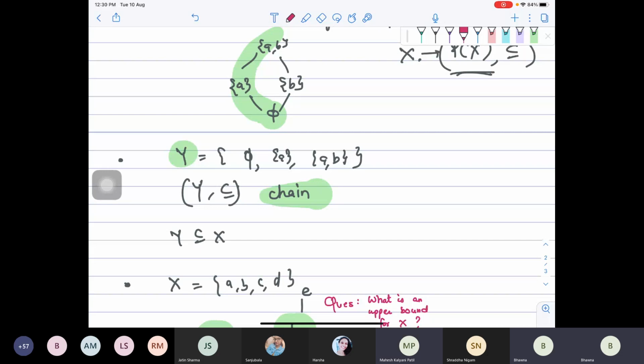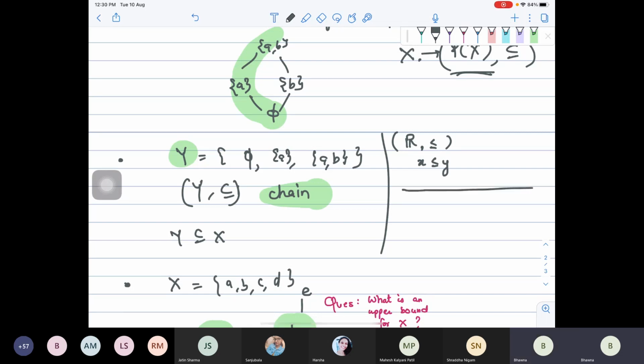For a very simple example, if I take R with less than or equal to, that means x is less than or equal to y in our normal sense. You can see any element.